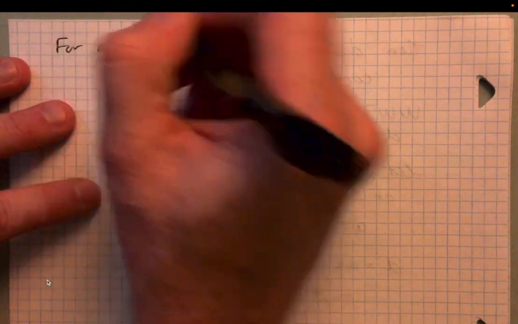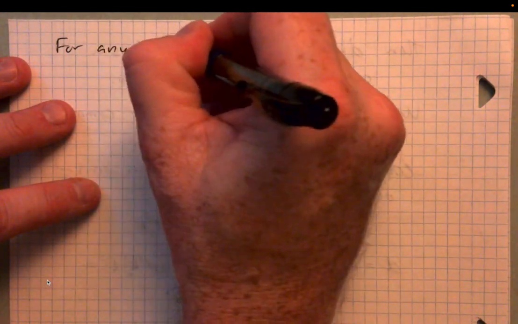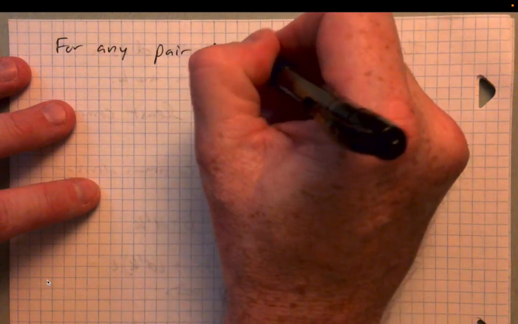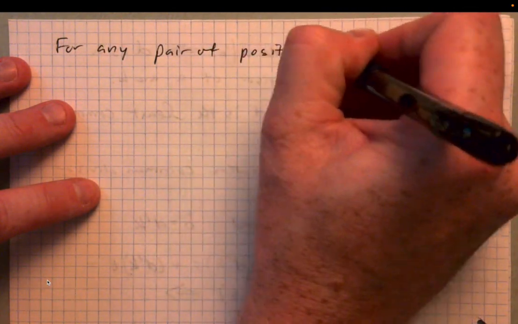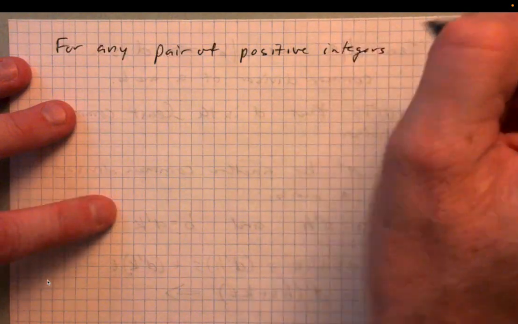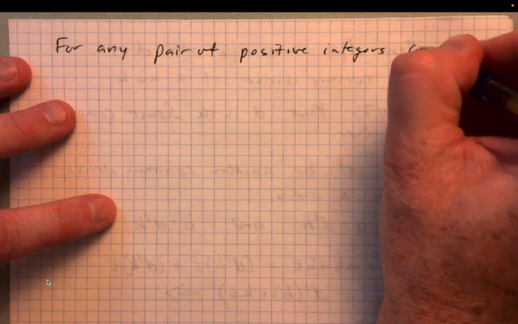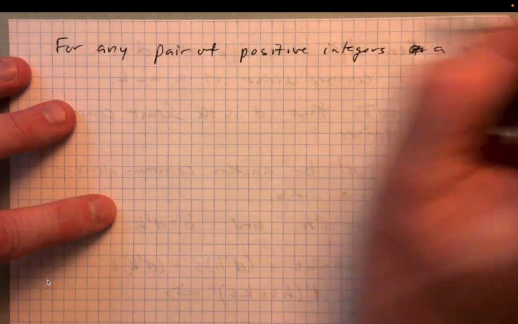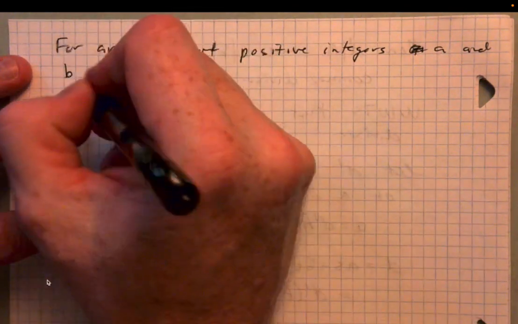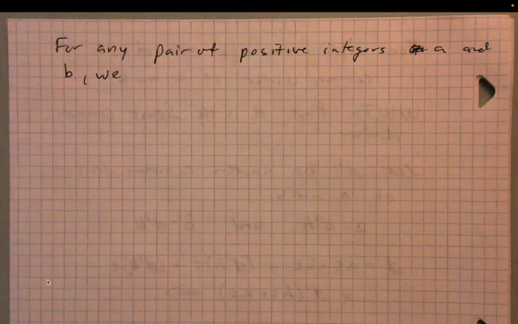So here's basically how it works. For any pair of positive integers a and b, we can basically find the GCD by repeated use of the division algorithm.